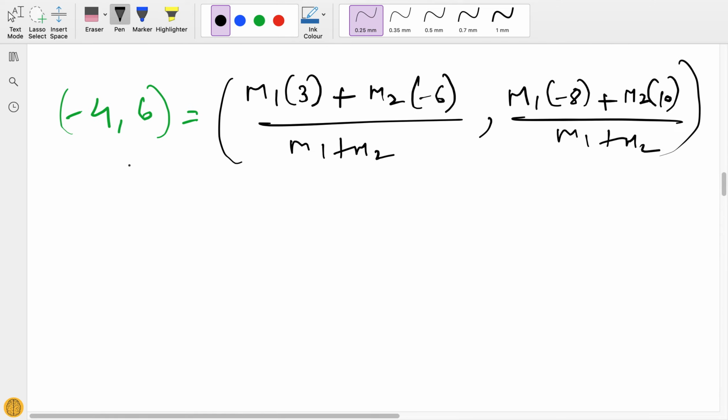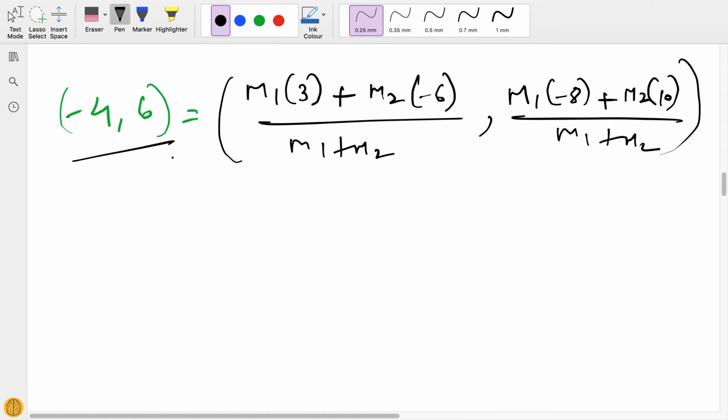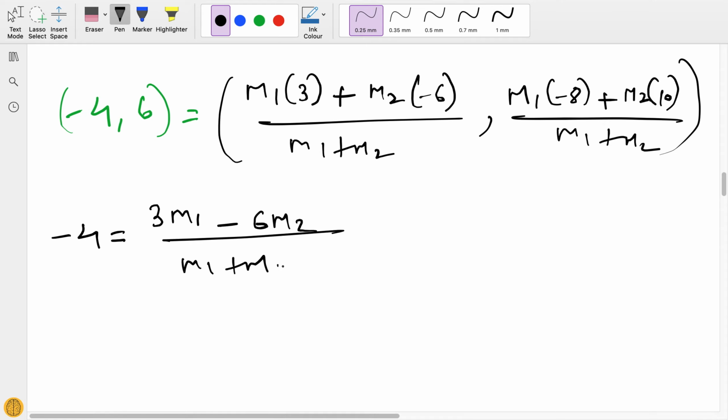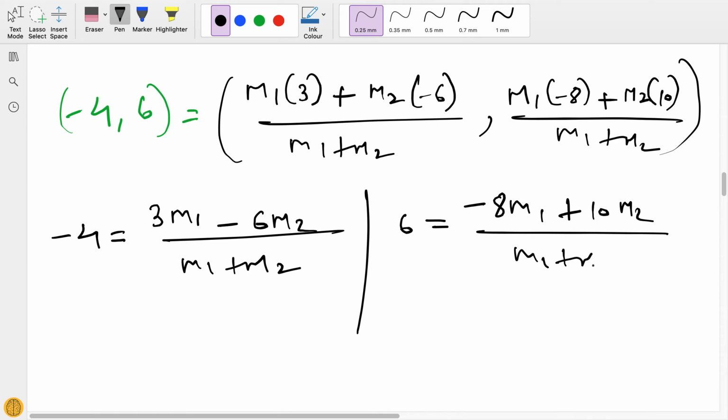Okay, so now what will we do? These are the x and y coordinates, and these are the x and y coordinates, so we will equate these two. Minus 4 will be equal to the x coordinate, 3m1 minus 6m2 upon m1 plus m2, and 6 will be equal to the y coordinate, minus 8m1 plus 10m2 upon m1 plus m2.